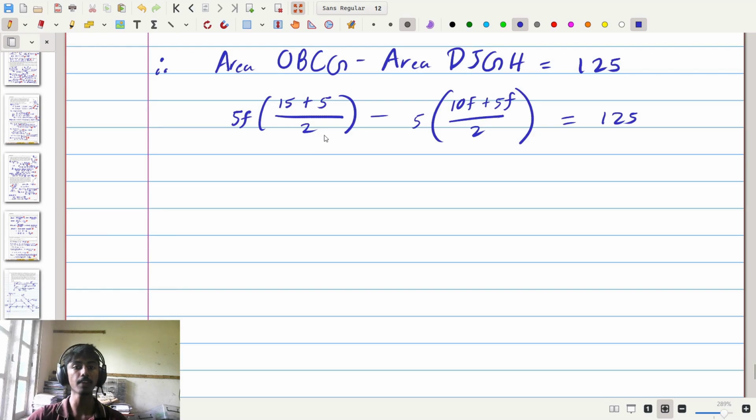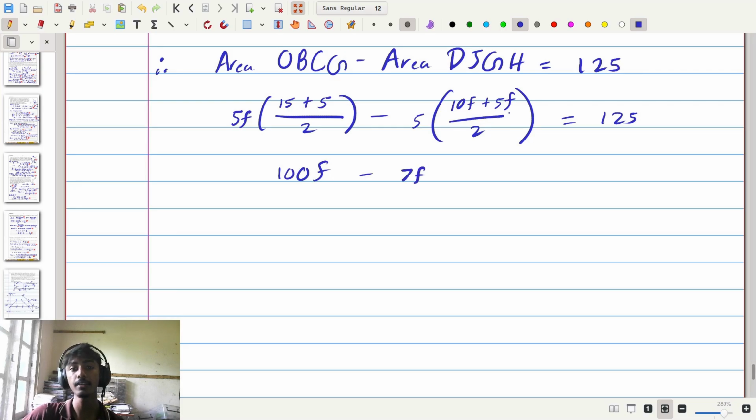Now to simplify this, I can multiply everything by 2. Multiply by 2, I can see on the left hand side, I get 5f times 15 plus 5, which is 20, which is going to be equal to 100f. So here we get, for the first area, 100f. So on the left side we get 100f minus, and then second one, if we multiply both sides by 2, we're going to have left 5 times 10f plus 5f, which is 15f, and 15f times 5 is 75f.